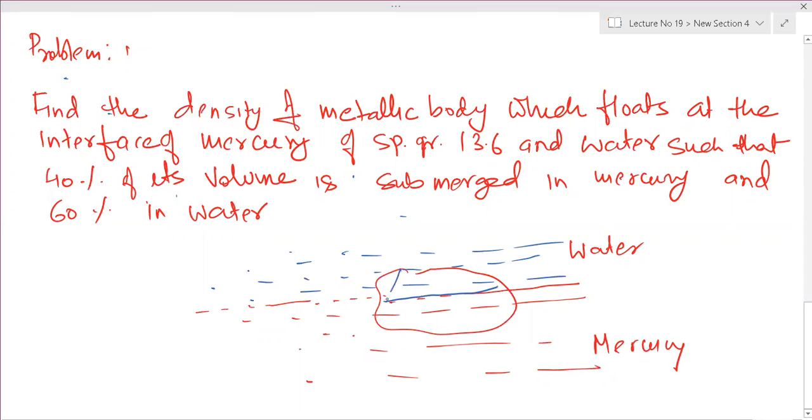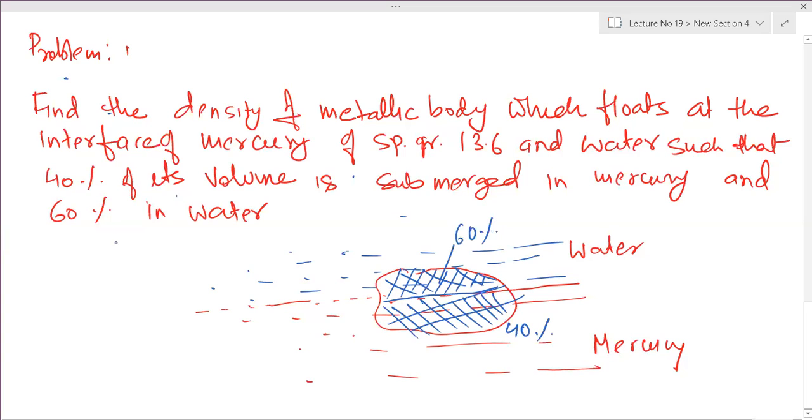The 40% part is in mercury and 60% part is in water. So this is your mercury, 40% by volume, and this is 60% by volume in the water. You have to find the density of the metallic body.